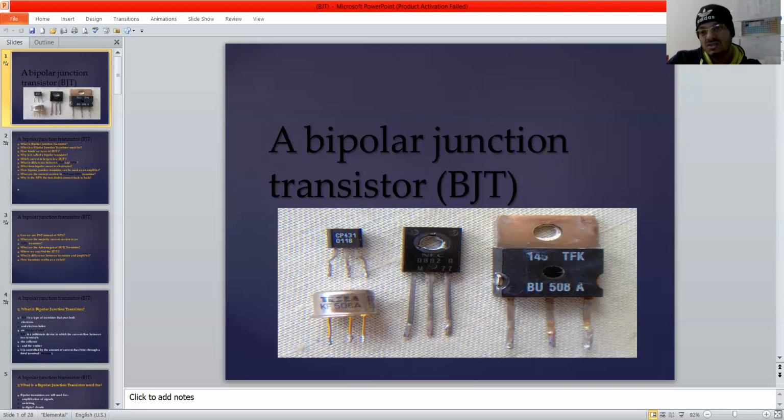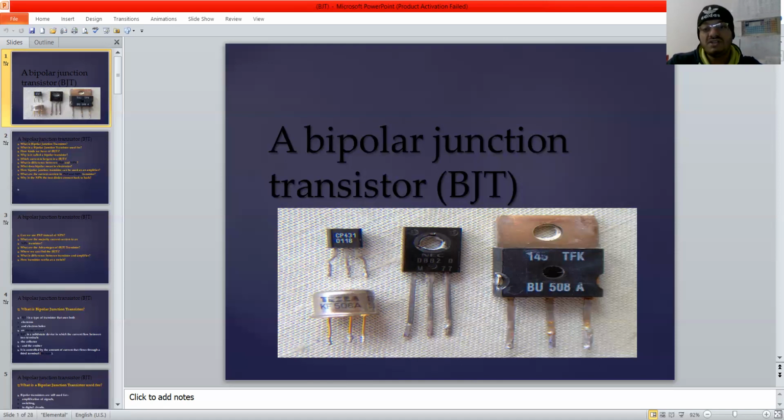In this way, we can control the current that flows between the terminals, and it's controlled by the base. The base will be the terminal between these two terminals. Let's not forget that.